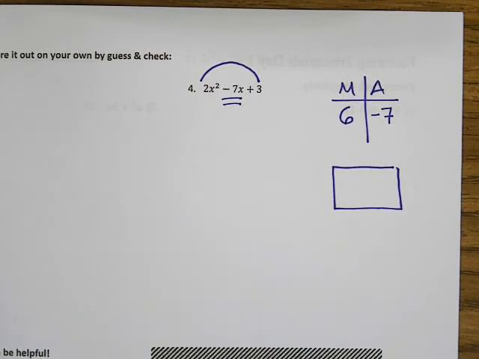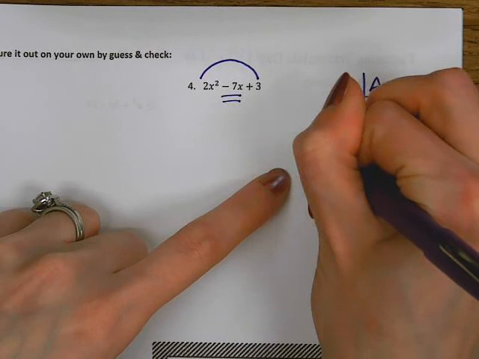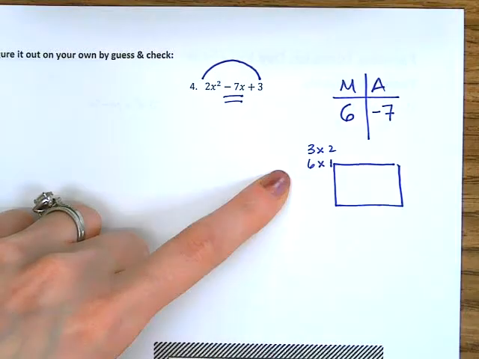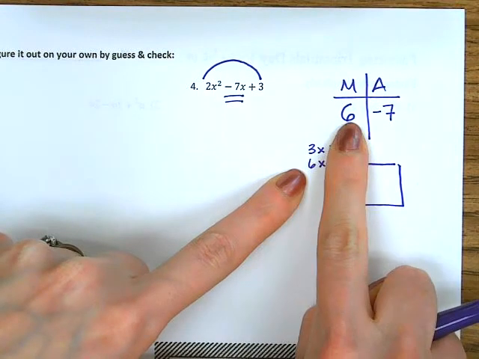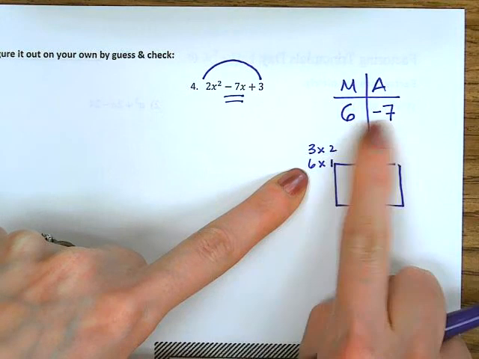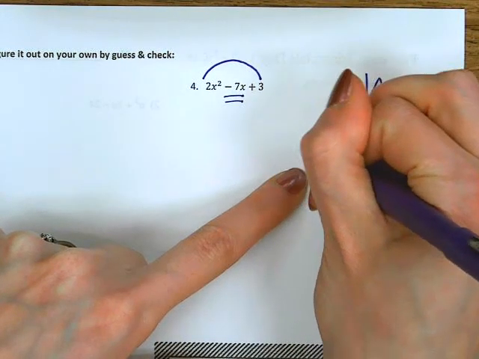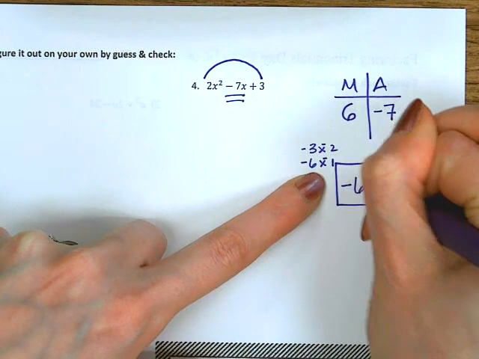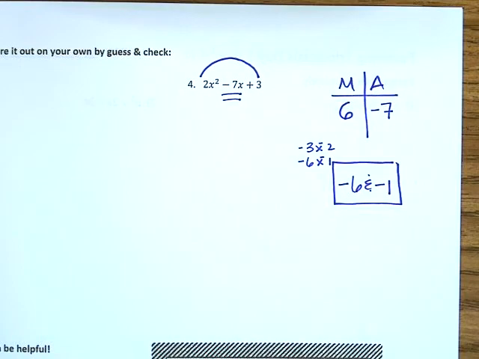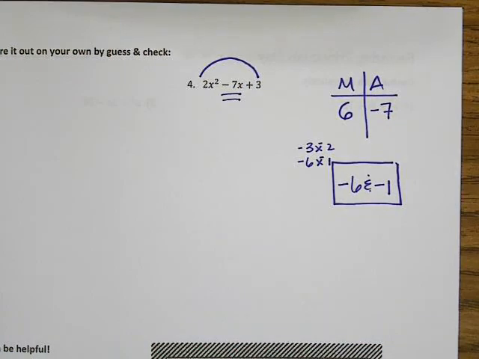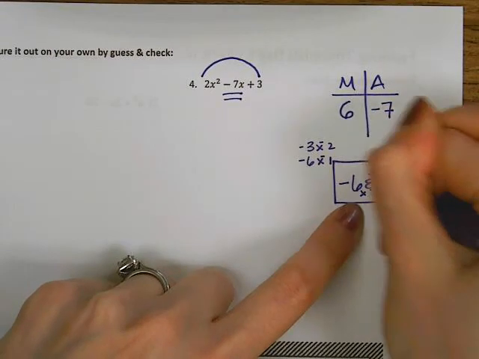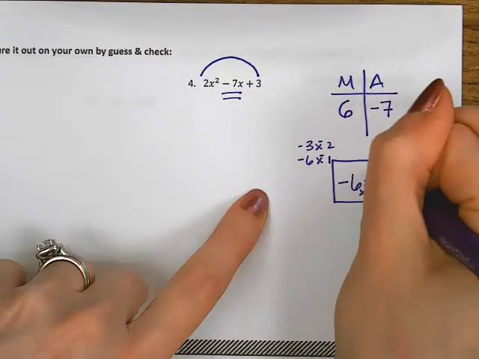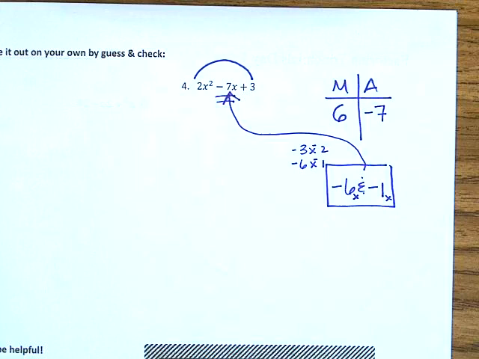It's either 3 times 2 or 6 times 1, but if they're going to multiply to a positive but add to a negative, I think they both have to be negative. And then I think we got it here, -6 and -1. Give them both an x, and they're going to replace the middle term.